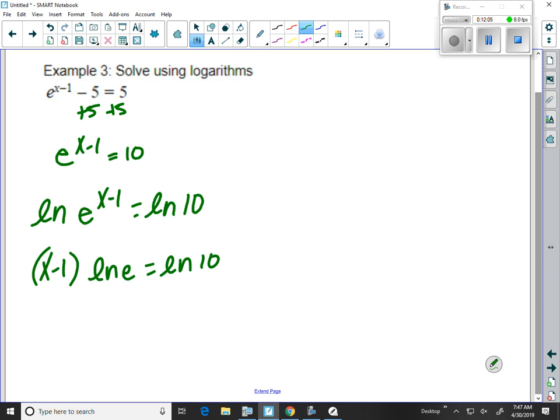It's just 1. So if we have x minus 1 times 1, can I just get rid of the 1? Yes. So basically you can cancel out that natural log of e. When I say cancel out, I mean it's multiplying by 1, but anything multiplied by 1 is itself. So we're just left with the x minus 1 equals our natural log of 10, and we can add the 1.